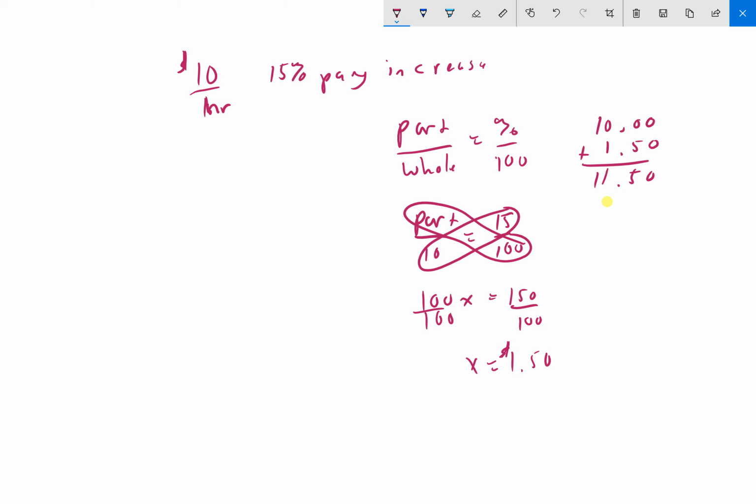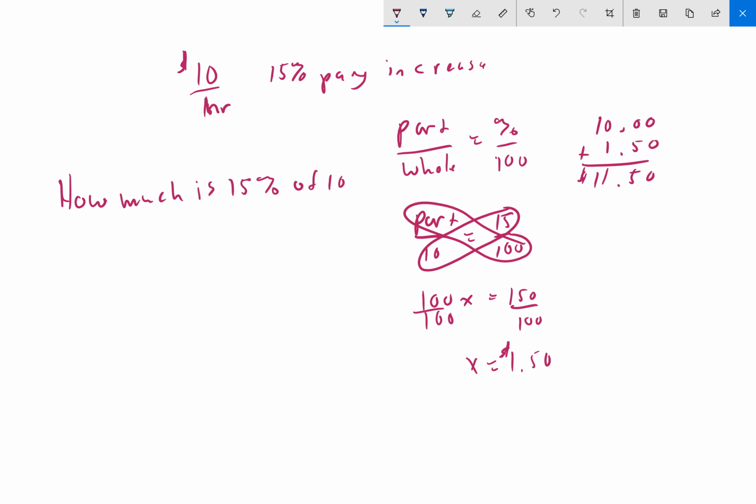And that's it. I actually do this a little bit differently. What I would normally do is I'd just say how much is 15% of 10.